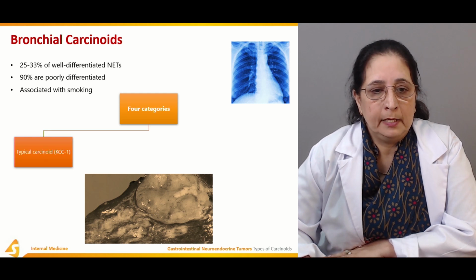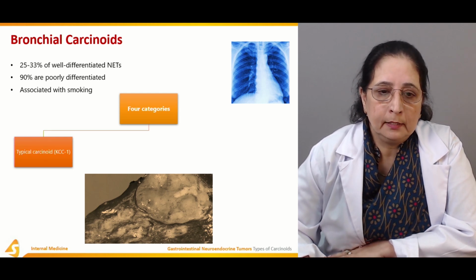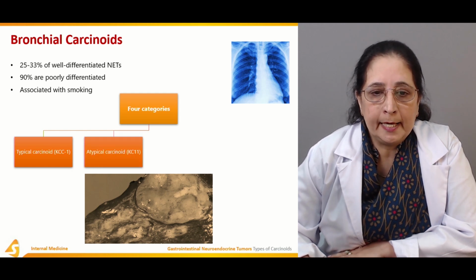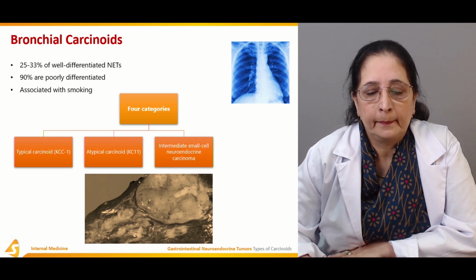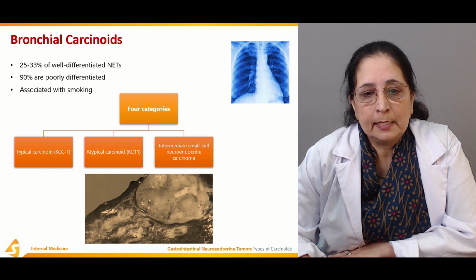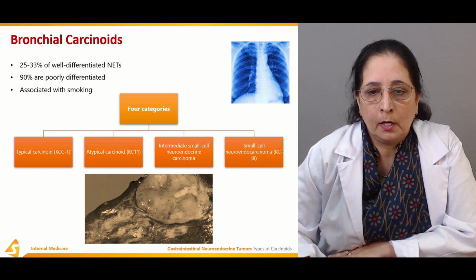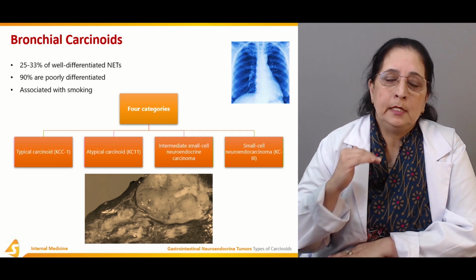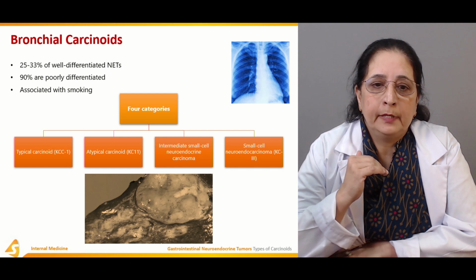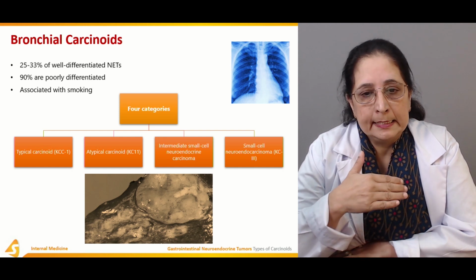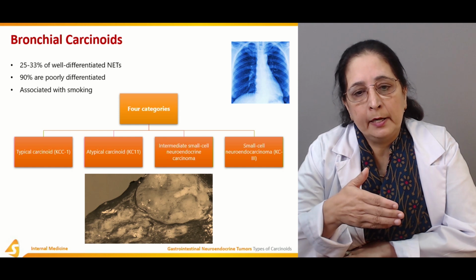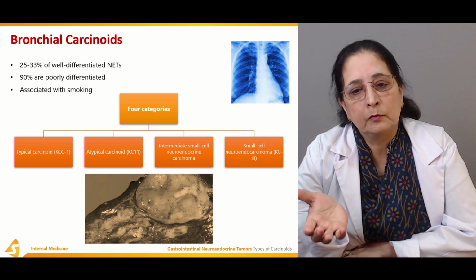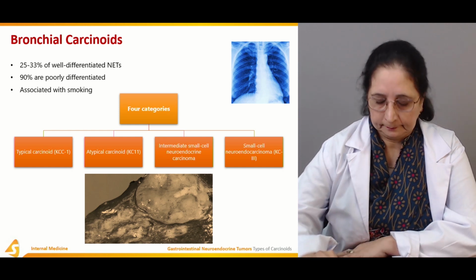There are 4 categories: typical carcinoid, atypical carcinoid, intermediate small cell neuroendocrine carcinoma, and small cell neuroendocrine carcinoma. So these are the four categories of the bronchial carcinoid: typical, atypical, and then, depending on the cell types, intermediate small cell, and then small cell carcinomas.